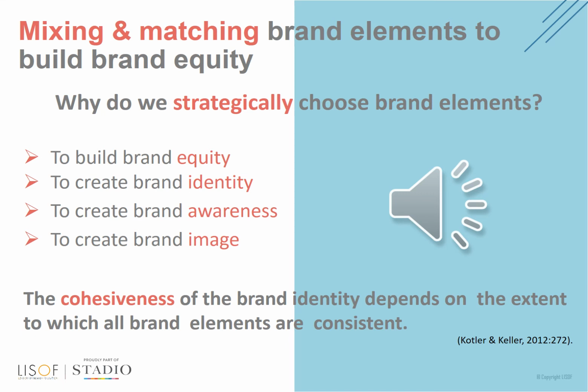What we mean by this is, as we strategically choose our brand elements, which then contributes to equity, identity, awareness, and image, we also need them to work holistically together and be cohesive or look like one unit. This means that all the elements of the brand must work together to create one consistent message to the consumer or to the public. So how do we choose brand elements? Let's have a closer look.